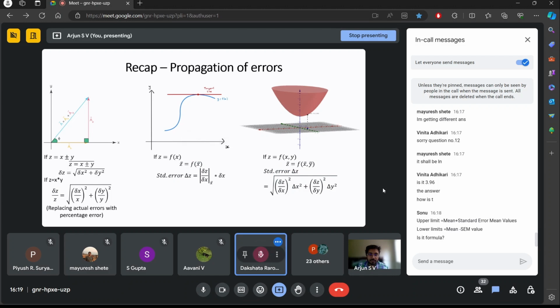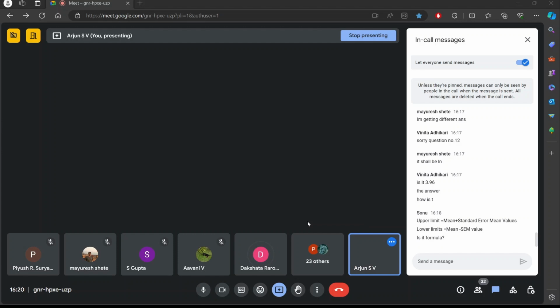Is the 12th answer 0.10? I think it's around 0.1, 0.3 only. It's 0.10 only, no?